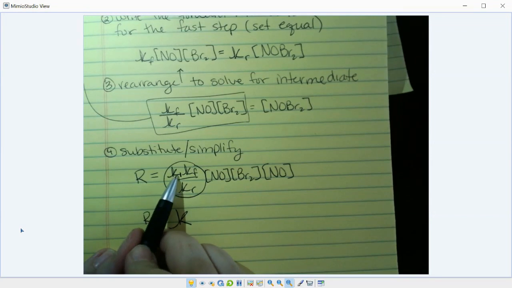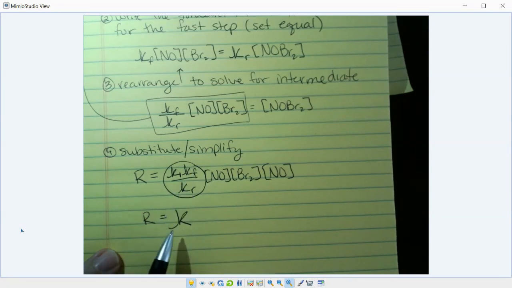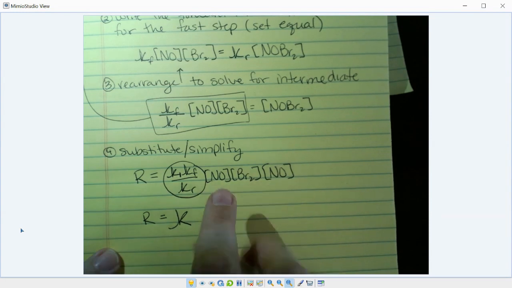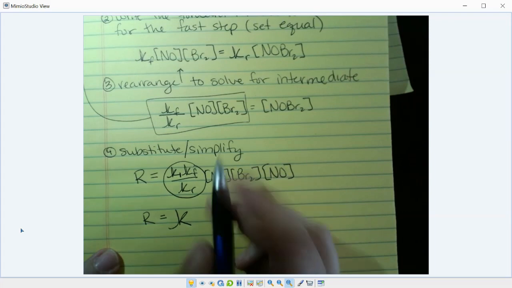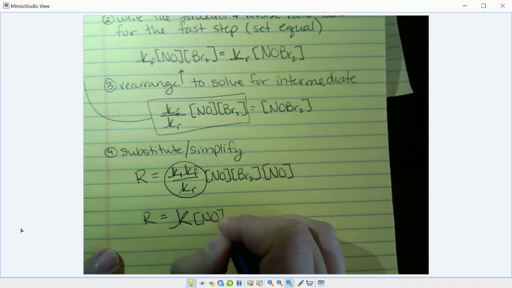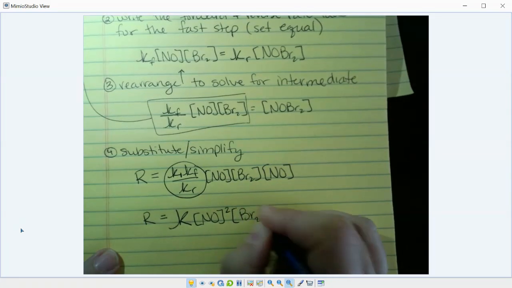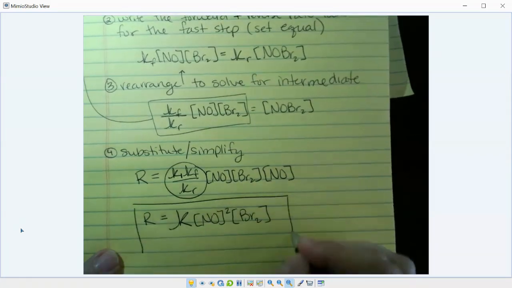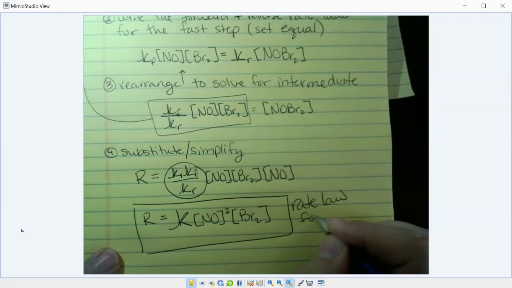Rate constant for the slow step versus constant for the fast and the reverse step. So all of that put together makes new constant K. And then I'm going to simplify some of these terms. So I have NO times NO, which means I got NO squared, and then multiplied by that BR2. That right there is the rate law for the overall reaction.